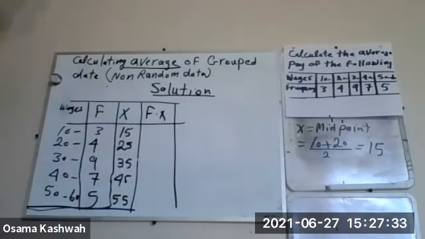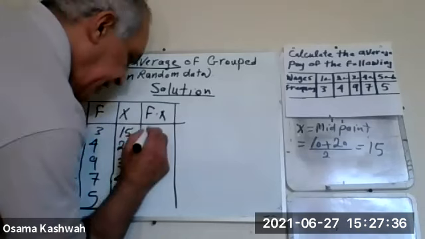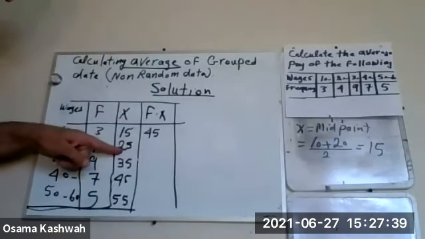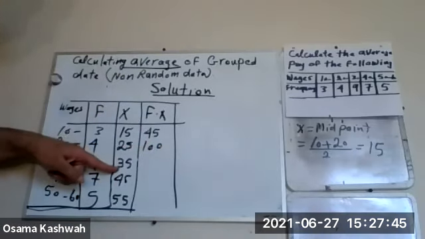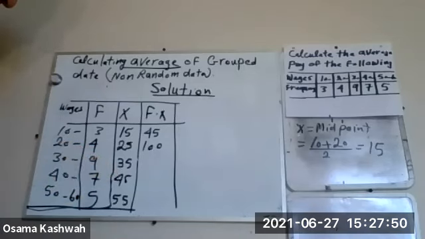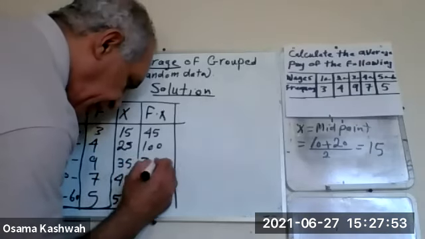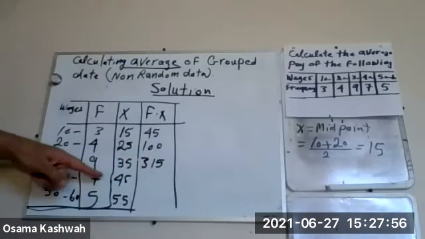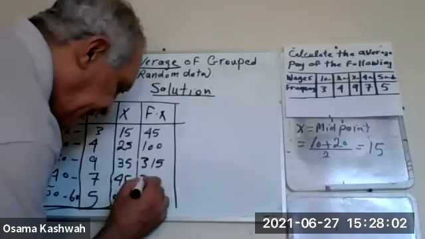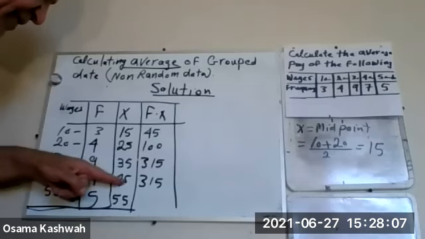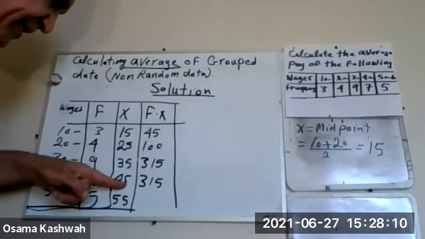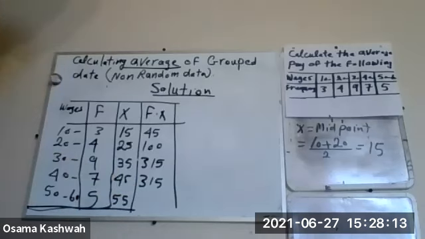This is what is new here. 3 times 15 will give me 45. 4 times 25 will give me 100. 9 times 35 is 315 when you do it with the calculator. 7 times 45 will give me 315 as well, because 7 times 40 is 280, and 7 times 5 is 35, 280 and 35, 315.